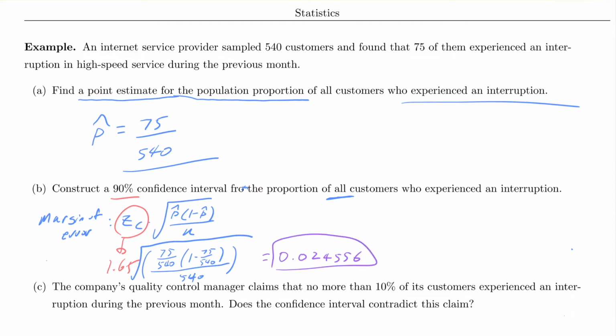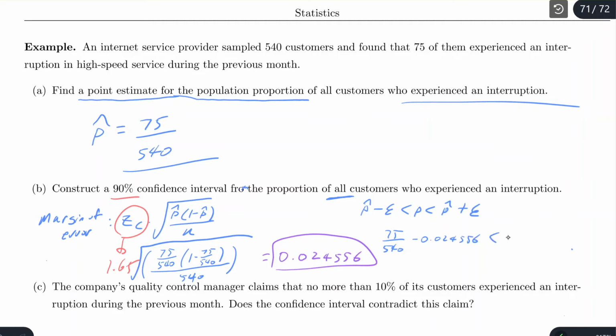So from here, we do plus minus from the point estimate. So p hat minus margin of error, p hat plus margin of error. So 75 over 540 minus 0.024556, 75 over 540 plus, oh, excuse me, margin of error.